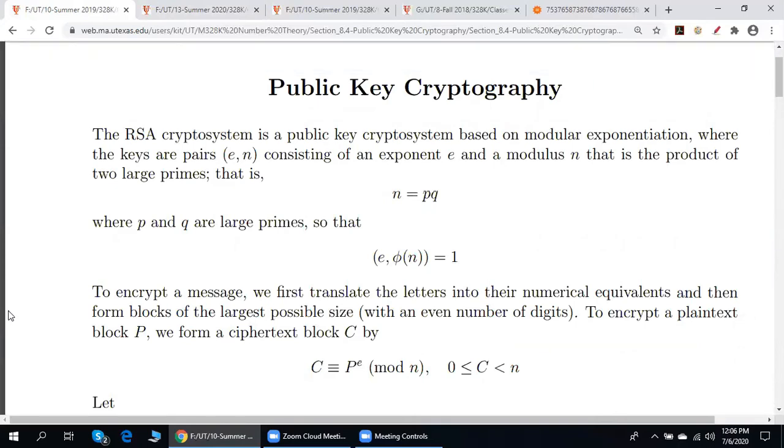Let me make the following remark. Here's what we mean by forming blocks of the largest possible size. If your text is huge, you can split this text into pieces first, and then convert each piece into a single number, which we call p.